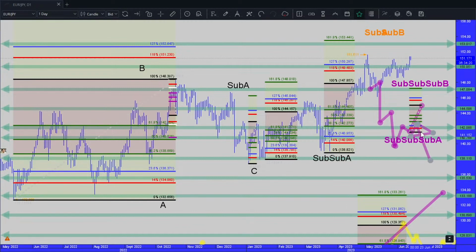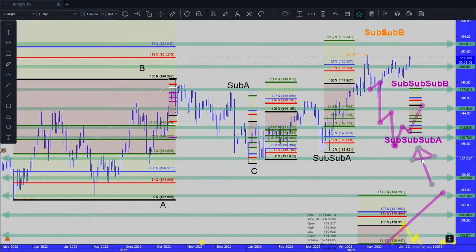Of course, it's riskier because of the noise, but you are buying the Fibonacci of the confirmation of the Fibonacci of the confirmation. And what is different between the sub A and the A is the stop loss level. Make sense, everybody?